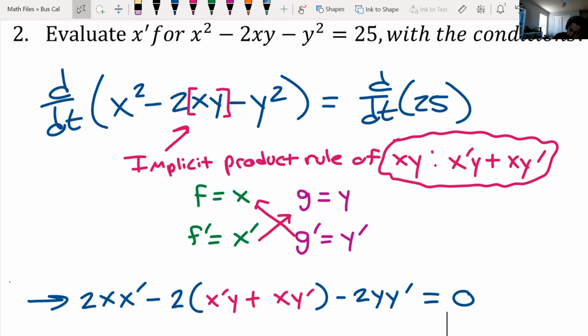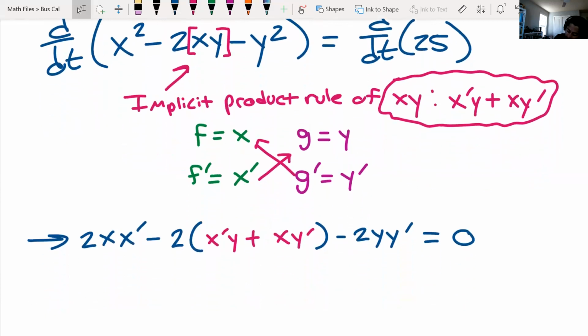And our goal here is to evaluate x prime. So that means we're going to solve this whole equation for x prime. So let's go ahead and do that.